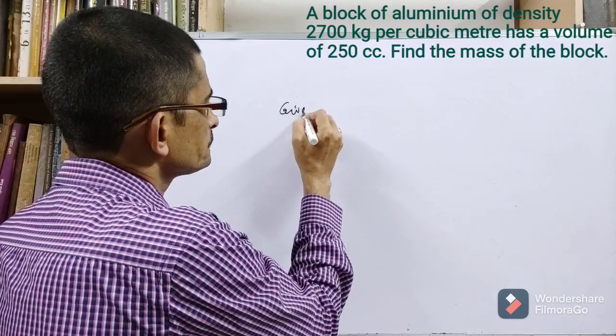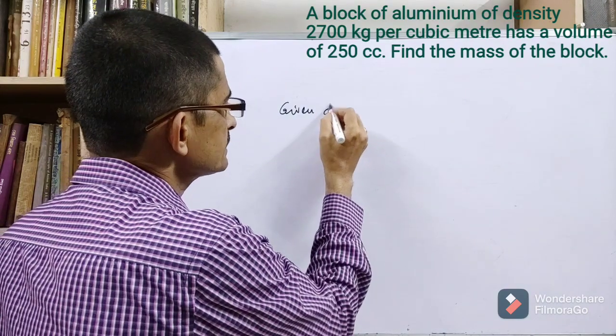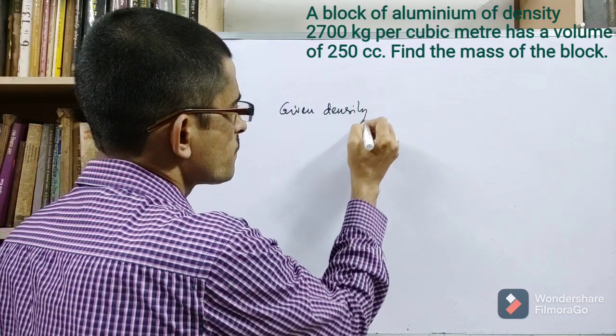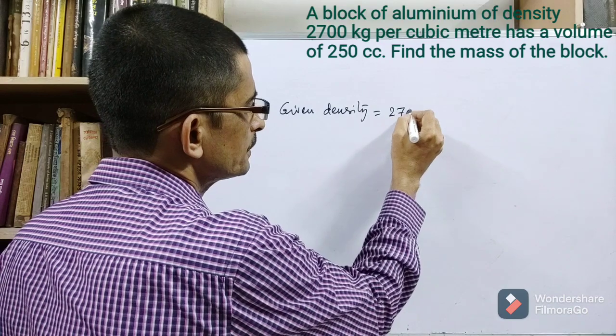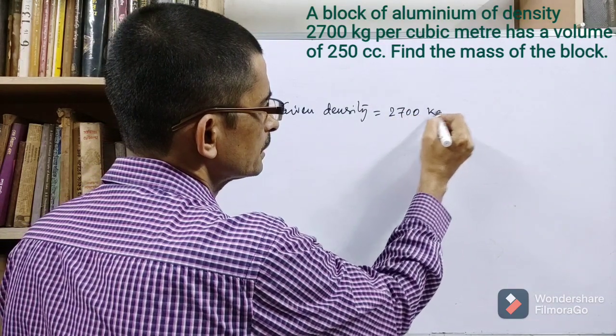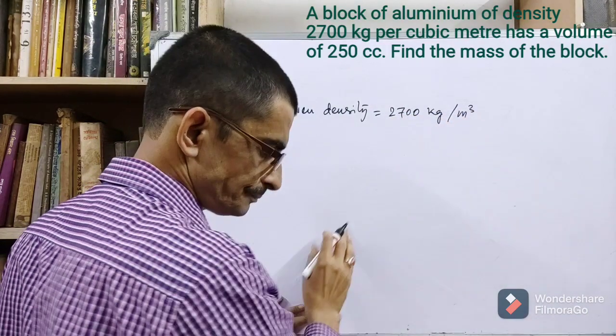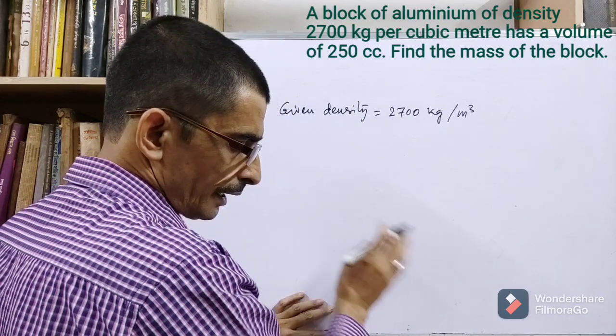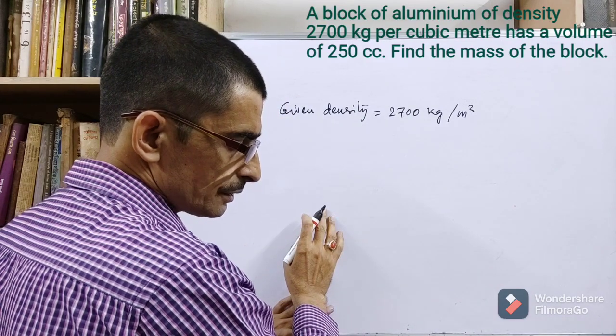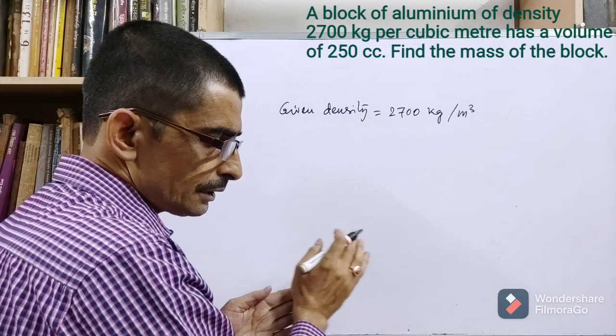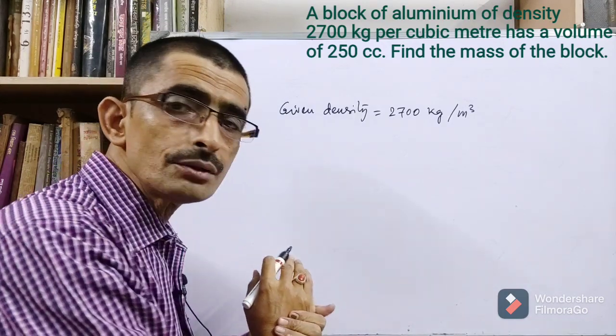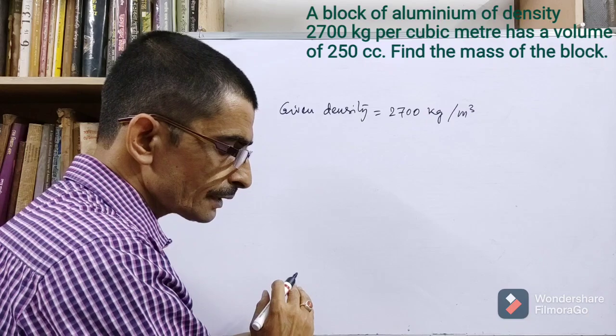Given density 2700 kg per meter cube and its volume is 250 centimeter cube, 250 cc.